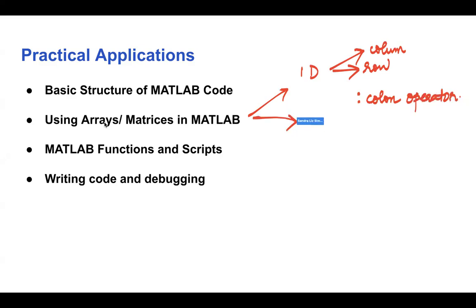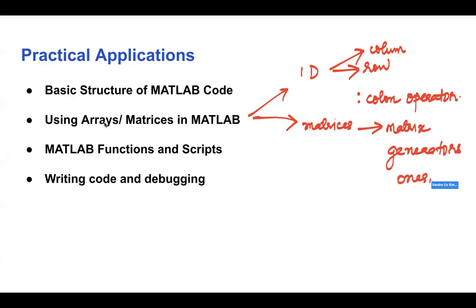Then coming to matrices, we talked about matrix generators, like ones, zeros, etc. Then we talked about how matrix indexing works and how to extract a certain part of a matrix using indexing, and how to make matrices by concatenating and so on.